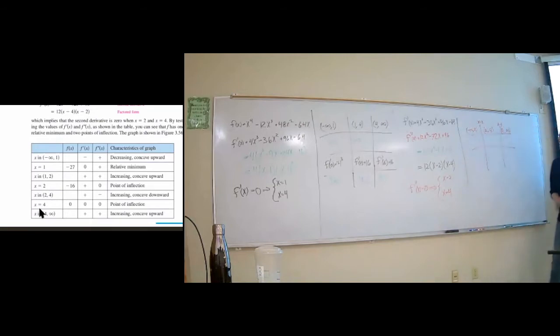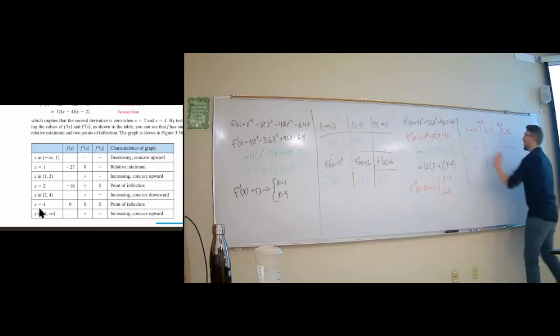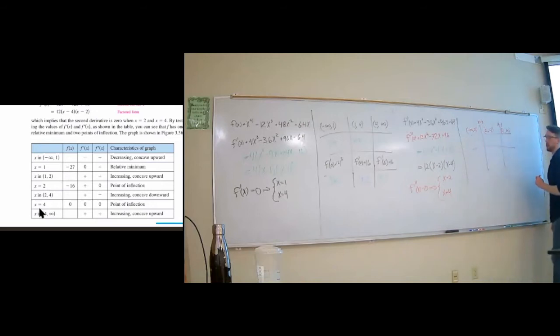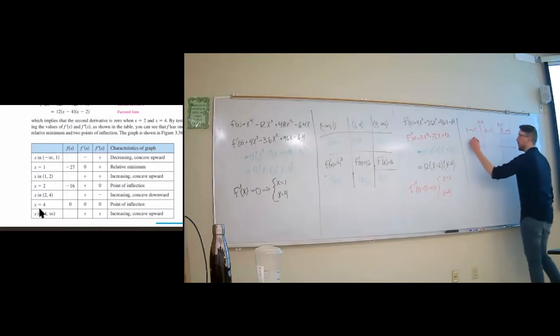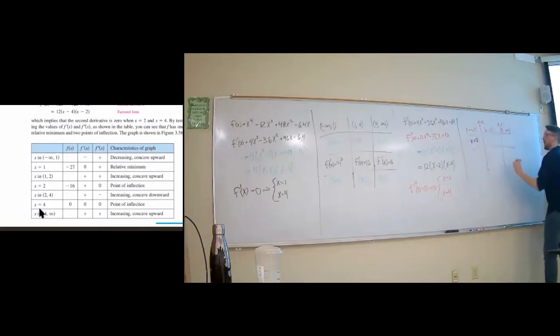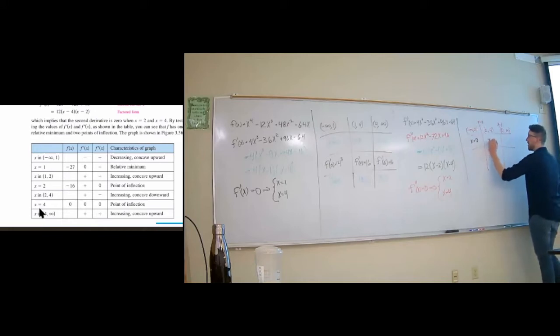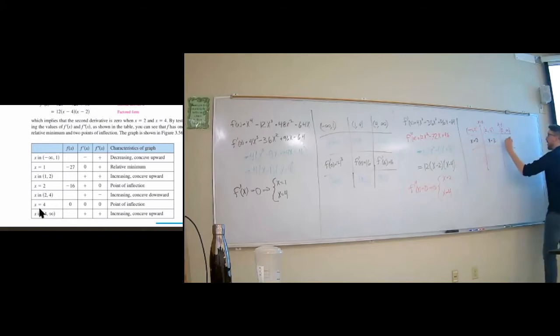We're going to pick a value inside of each of these intervals that we like. Why don't we go ahead and stick with 0 here? Why don't we stick with 5 here? My mistake, 3 and 5 here.